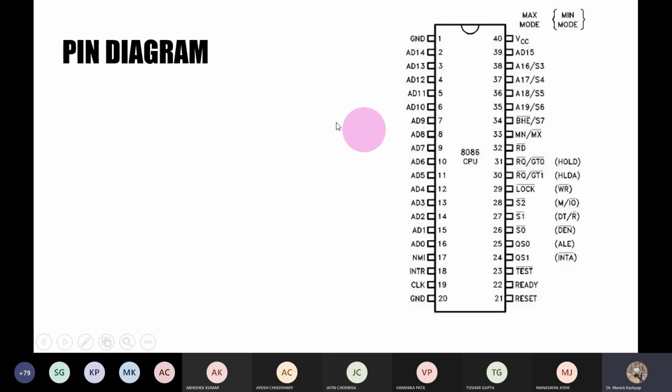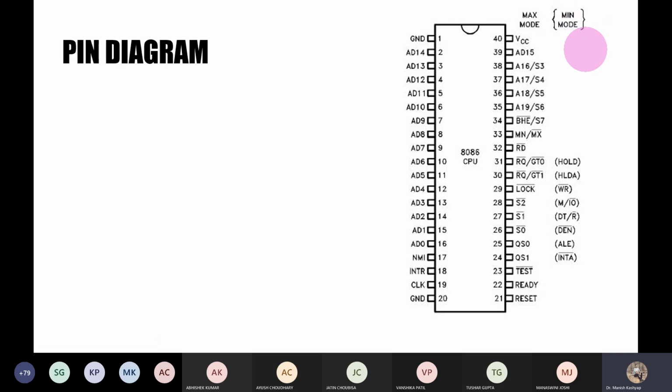If two processors are in the circuit, every processor will have its own ego and they will fight for power, right? So in that case, sometimes this 8086 might want to deny the request for these buses, because when we were talking about minimum mode, there were no other processors in the system.